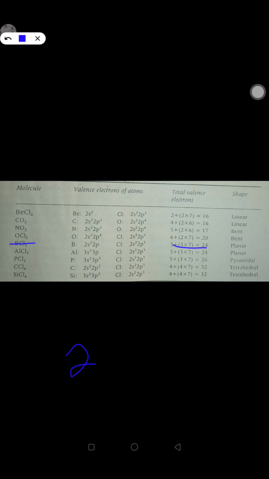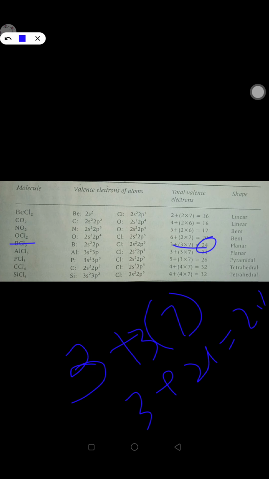The valence electron in boron is 3, plus, you can see that's the 3 into, now there are 3 chlorine, so I'm going to put 3 in bracket instead of writing them one by one. 3 chlorine, each one of them has 7 outside. That will be 3 times 7. 3 plus 21 is 24. That's how this comes in.